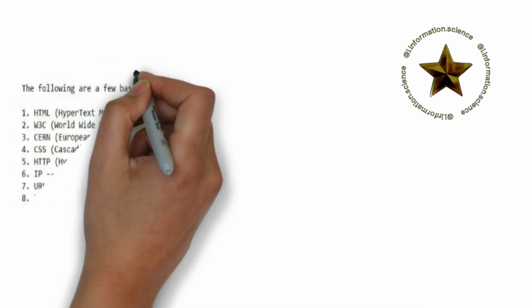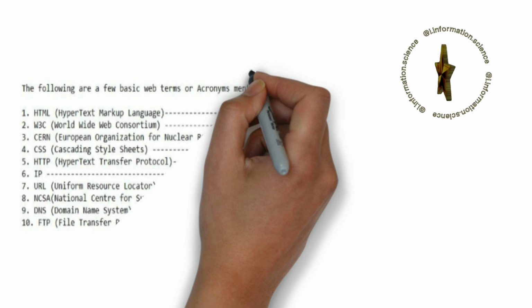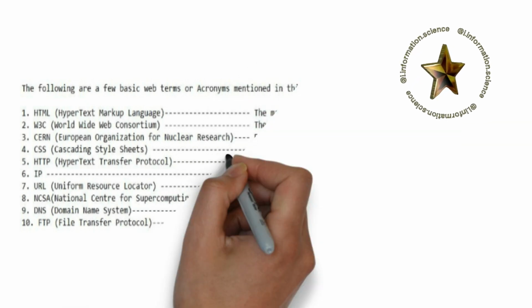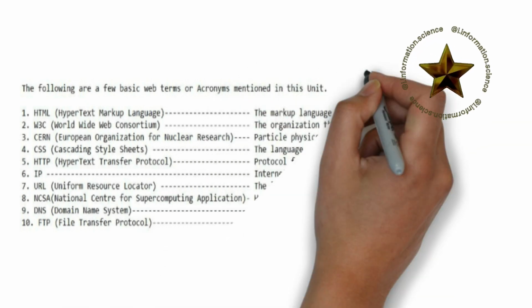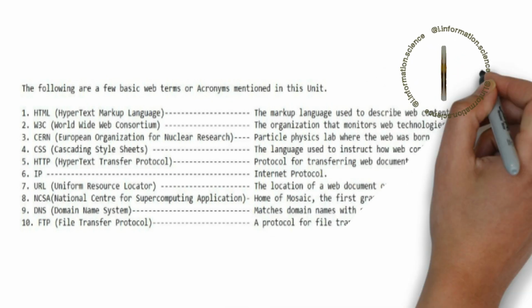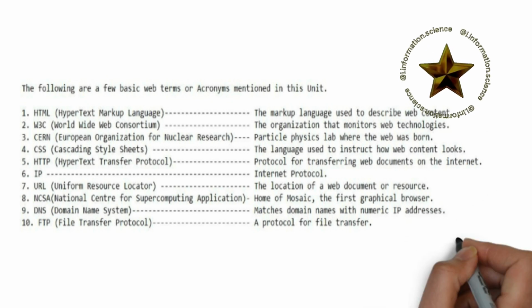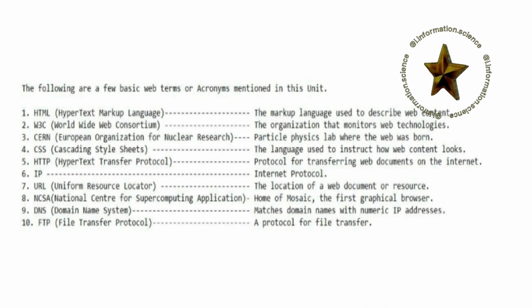The following are a few basic web terms or acronyms mentioned in this unit. 1. HTML, Hypertext Markup Language, the markup language used to describe web content. 2. W3C, World Wide Web Consortium, the organization that monitors web technologies. 3.